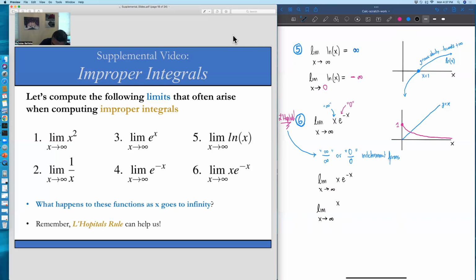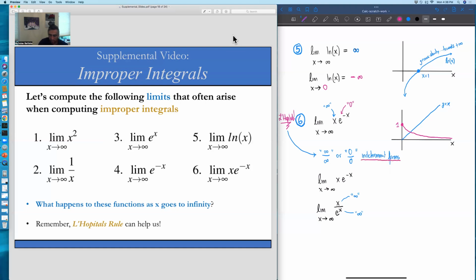So we could rewrite this product as x over e to the x. Now as x goes to infinity, that numerator looks like infinity, and this denominator by itself also goes towards infinity. So we're sitting in an indeterminate form now.